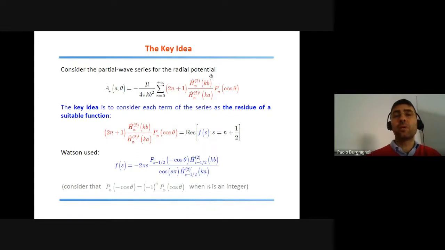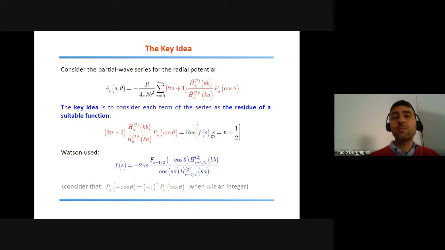In particular, in red, I have written its general term that depends on the index n, and to consider this term as if it were obtained as the residue of a suitable function in one of its poles. That is, we write the red term of the infinite partial wave series as the residue of some suitable function f of some complex variable s, which is an auxiliary variable.